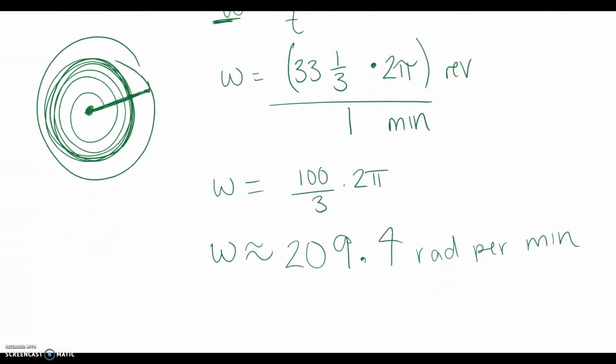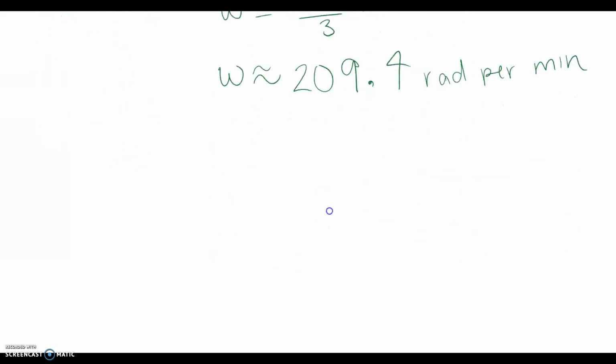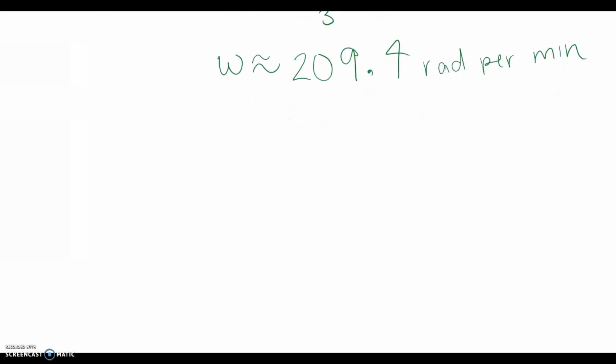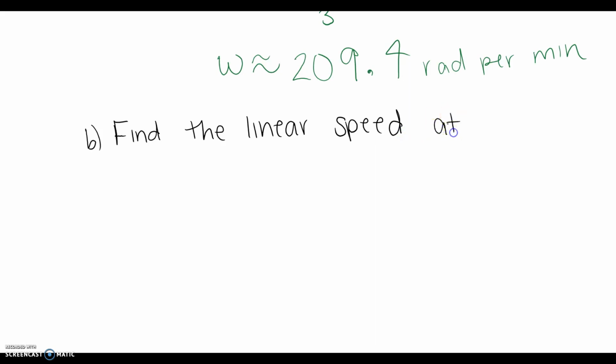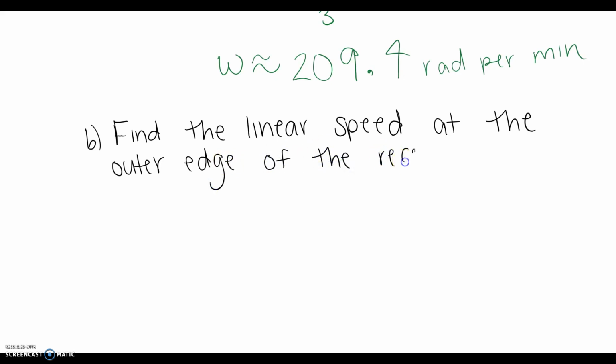So now what we're going to do, part B, is find the linear speed at the outer edge of the record as it spins.